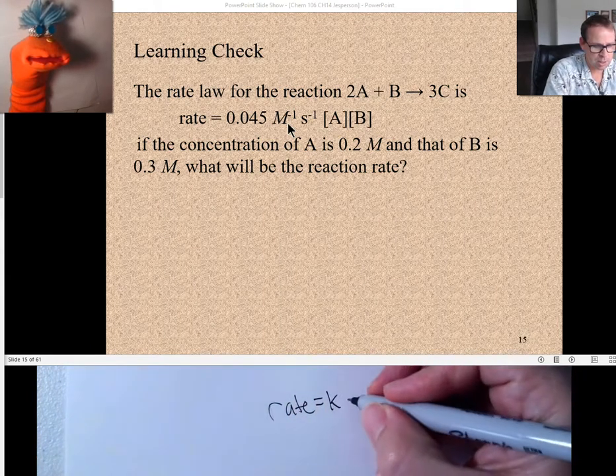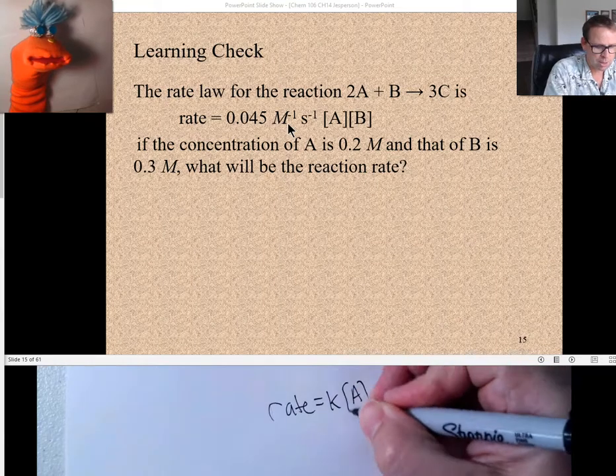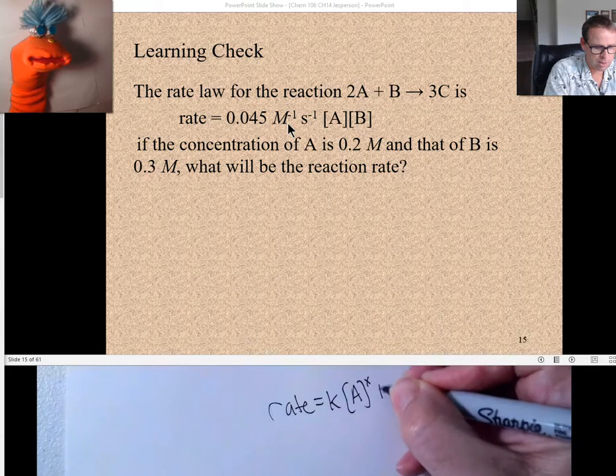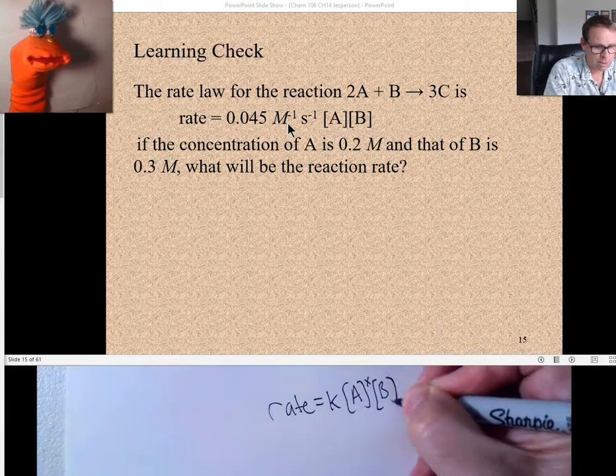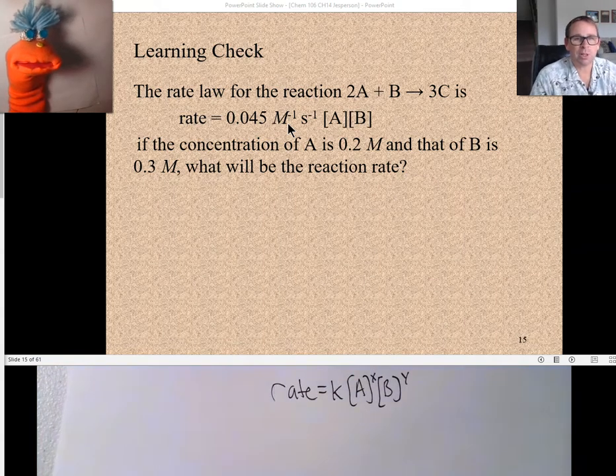Rate equals k times concentration of reactants, A to the x, and in this case our other reactant is B to the y.